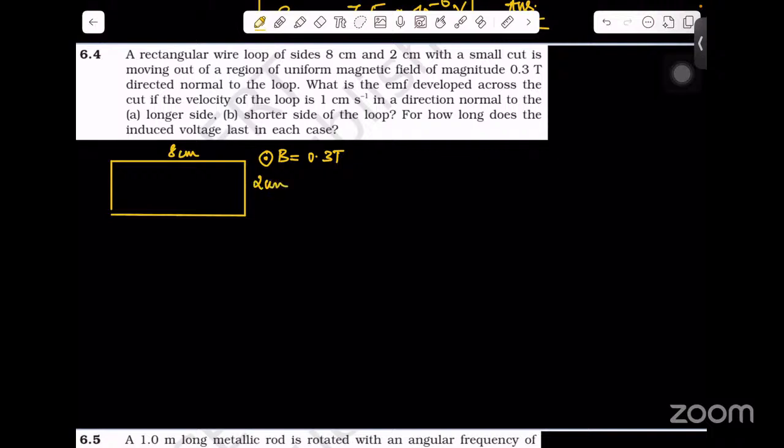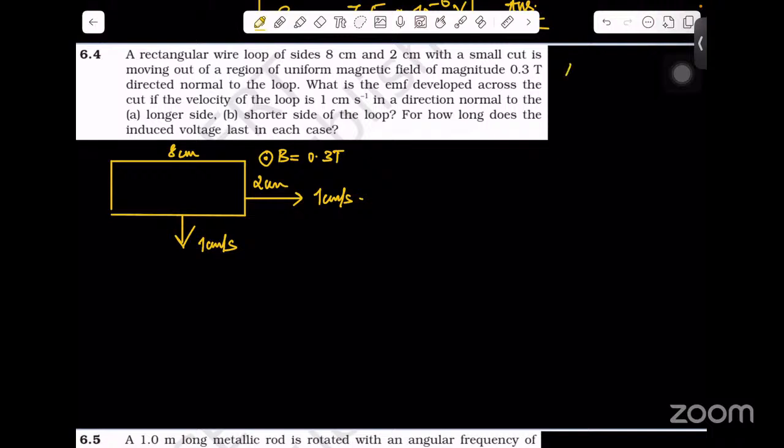In the first case, the velocity is perpendicular to the longer side, which is 1 centimeter per second. And in the second case, the velocity is perpendicular to this side, which is again 1 centimeter per second. So we need to find in each case what is the induced EMF and how long this induced EMF lasts.